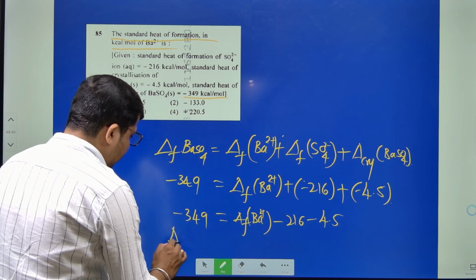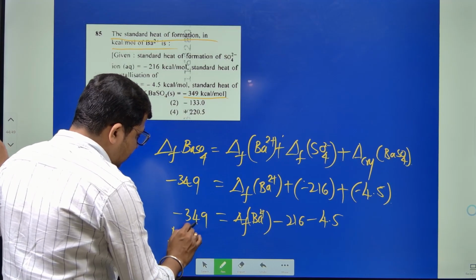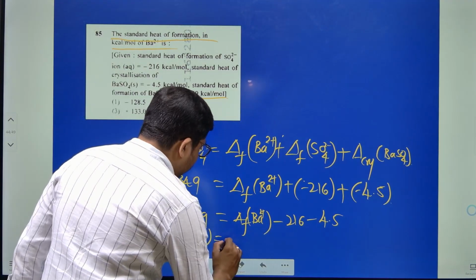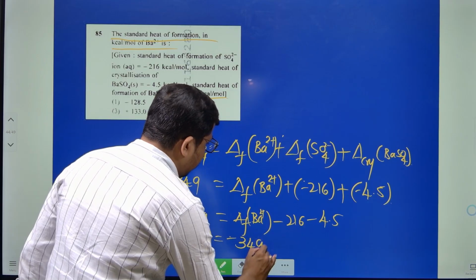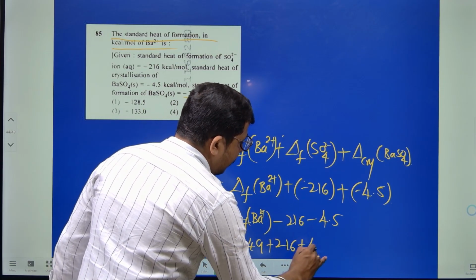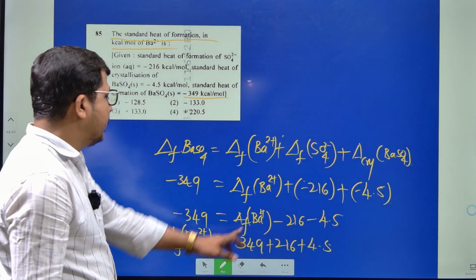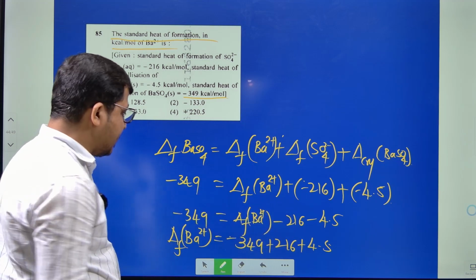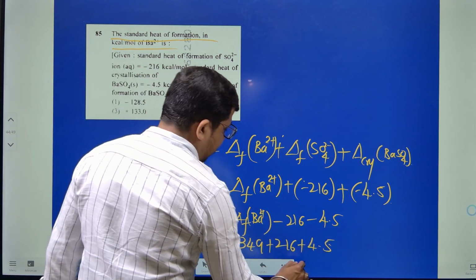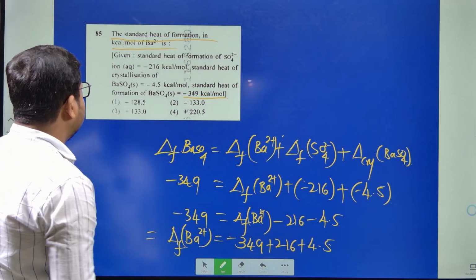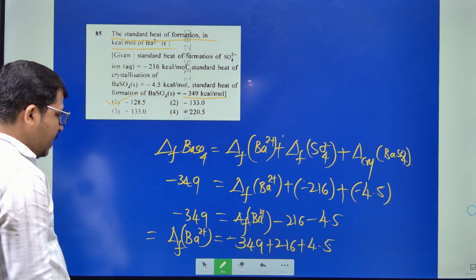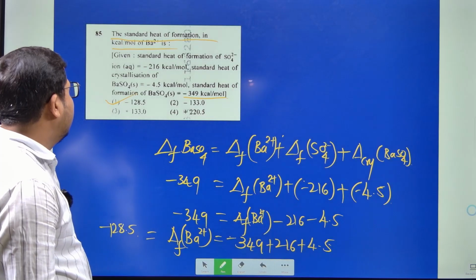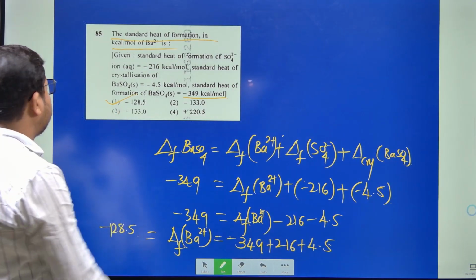Now the enthalpy of formation of Ba2+ will be equal to minus 349 plus 216 plus 4.5, since whatever component is with the Ba2+ is sent to the left side and the negative sign changes to positive. After simplification we get minus 128.5 kilocalorie per mole, right? Therefore, the right option is option number 1.